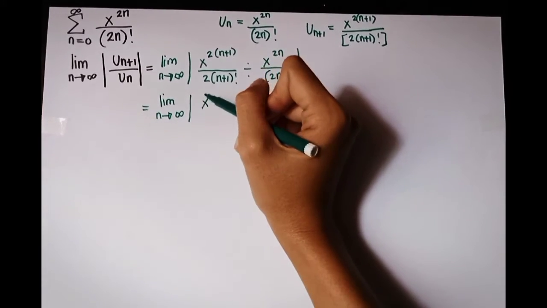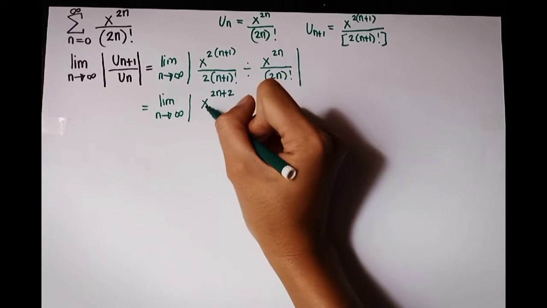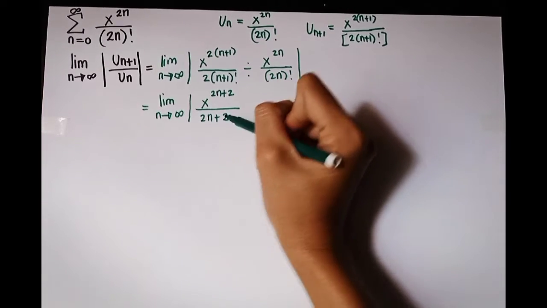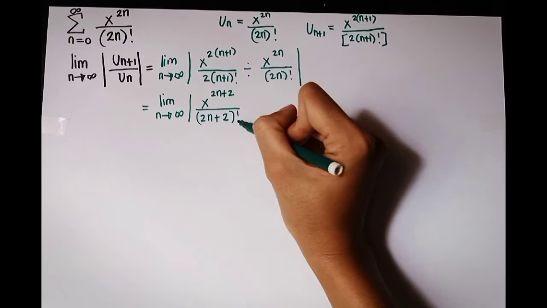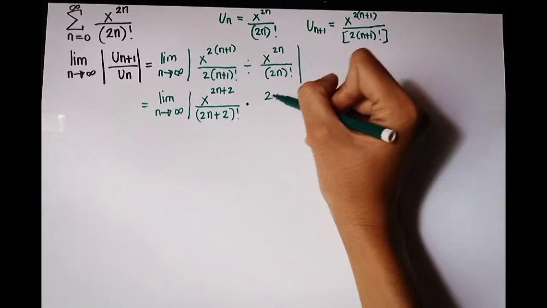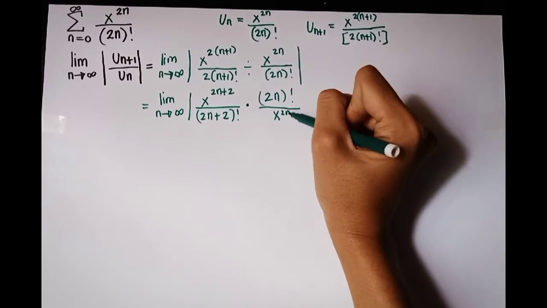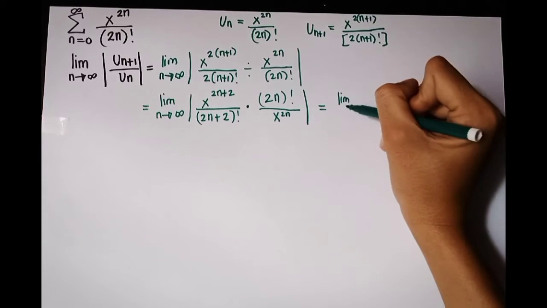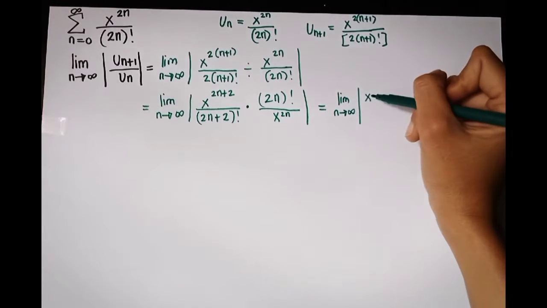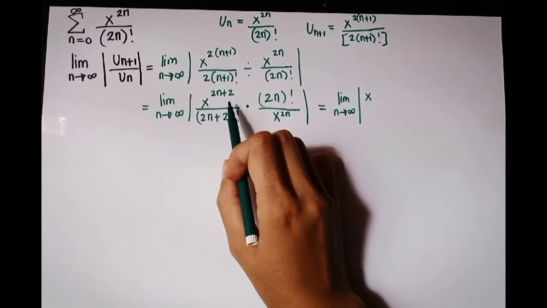Then, in absolute value, we have the limit as n goes to infinity of x raised to 2n plus 2 over 2n plus 2 factorial, times the reciprocal, 2n factorial over x raised to 2n. So what will happen to cancel this expression?